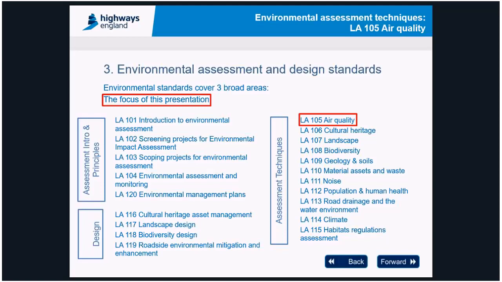Then there's the environmental assessment techniques, which you can see listed here, of which air quality is one. And then we have a section for the design documents, which you'll see is a lot shorter than it was in the previous DMRB, where we've consolidated a large number of documents.